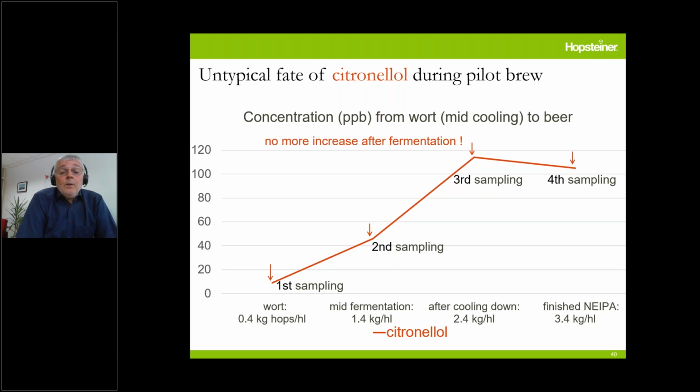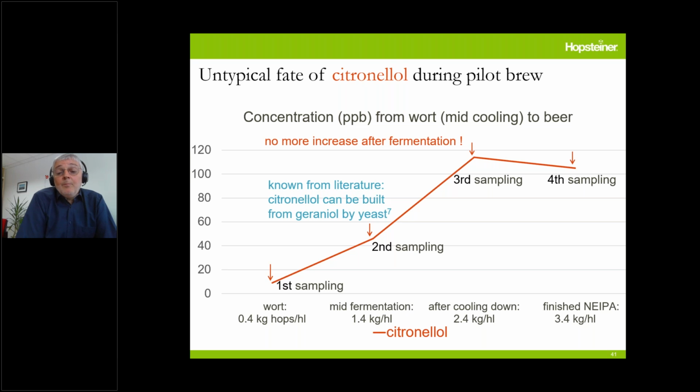And this is unusual, and the reason probably is that citronellol can be built from geraniol by yeast. So the main source for citronellol is geraniol. This is known from literature. And so we could only observe this increase of citronellol during fermentation.